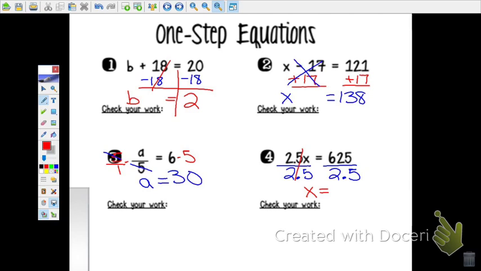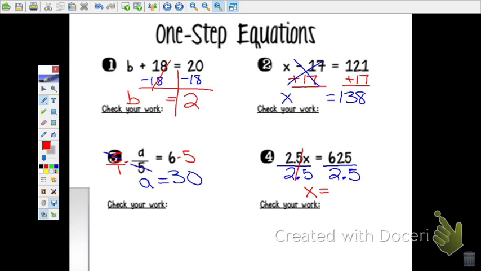Okay. Other than dividing by 25, anybody else see something that we could use instead of having to divide 25 into 625? How many times does 25 go into 625? 25 times, because 25 squared is 625.